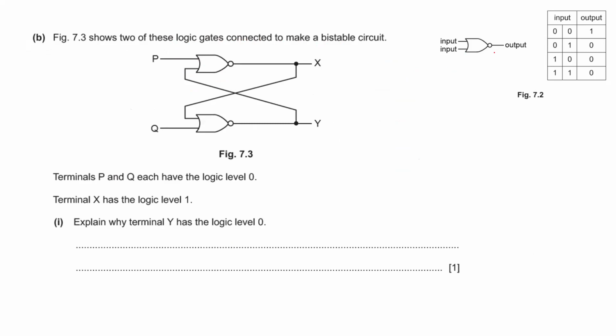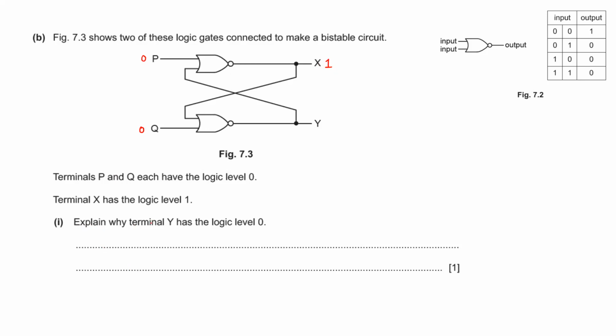Remember, this is what we have seen, a NOR gate, in our previous slide. So there is a combination of two NOR gates to make this bistable circuit. Here we have terminals P and Q each having logic level 0, so P is 0, Q is 0, and terminal X has a logic level 1.